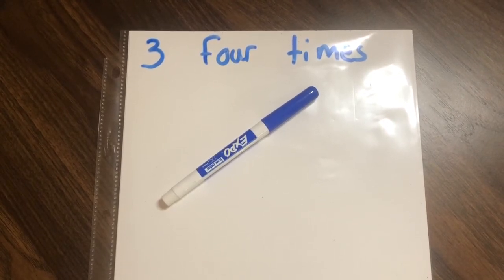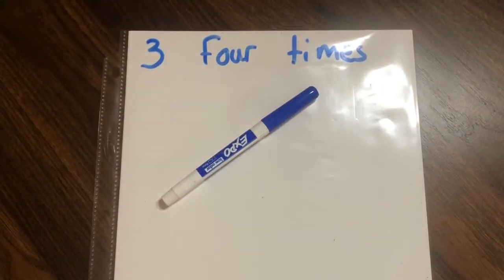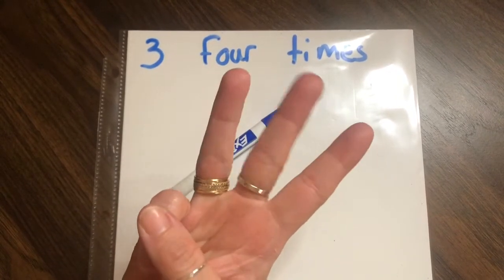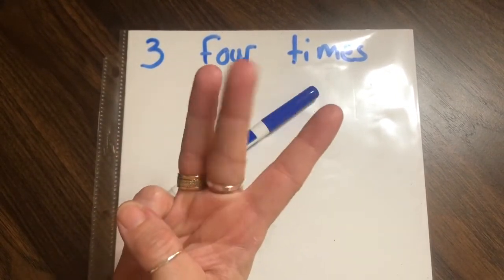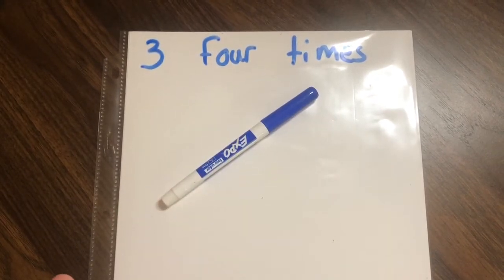So I want to talk a little bit about what kind of tools you can use. Right here, built in, I have some great math tools. My fingers can really help me learn how to skip count by 3s. All I would have to do is put up 3 of them. Now maybe you don't want to use your fingers. That's okay. There are things that you might be able to use at home to skip count with.